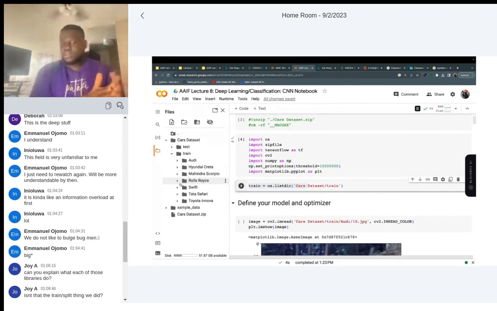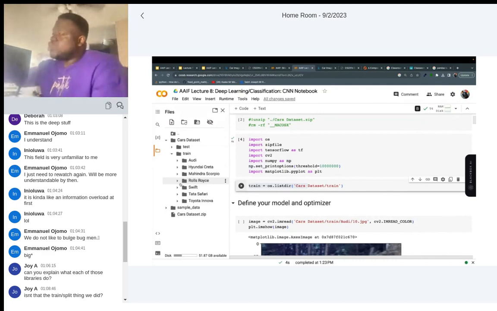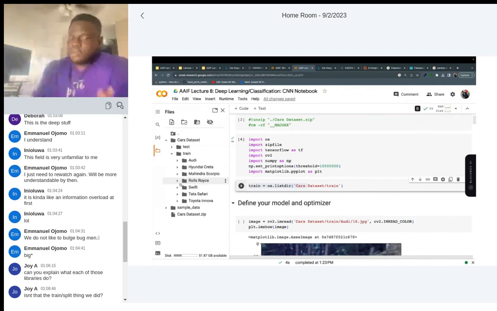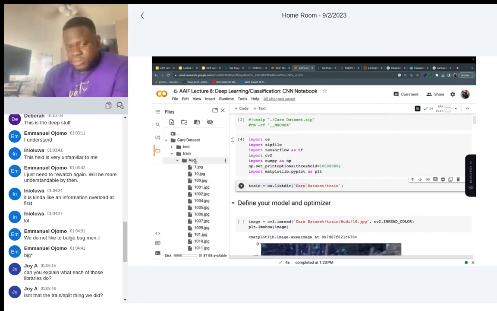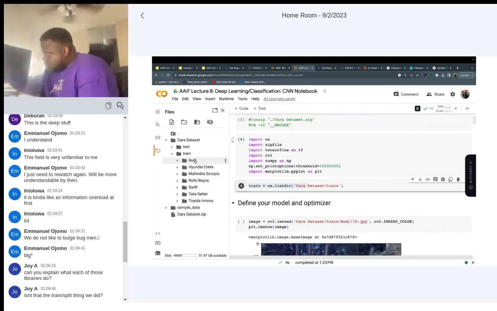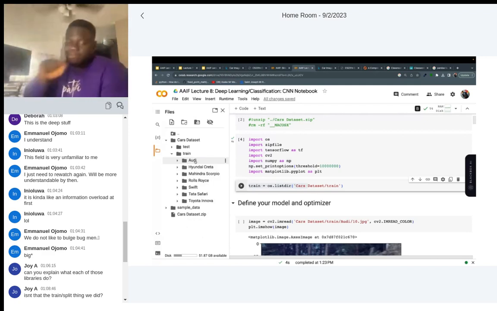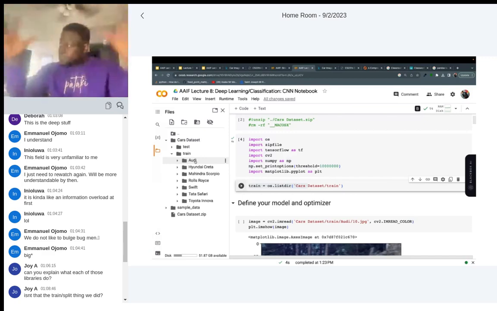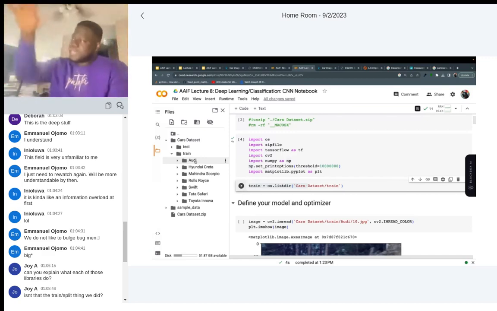But there's something called a data augmentation function, which I will show you. All you need to do is put all the images in a folder. The name of that folder is going to be the label. Do you understand? That's how they labeled these images. In regression, they label each column. Each row is a data point. Here, each picture is a data point, but a group of pictures is given a class or classification.